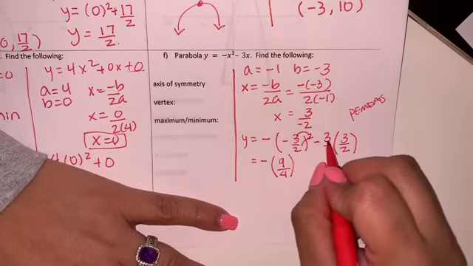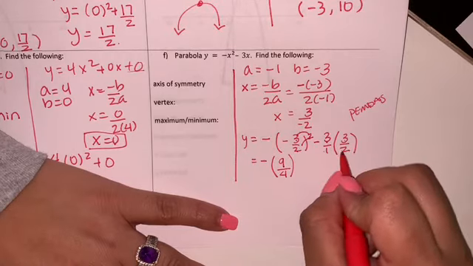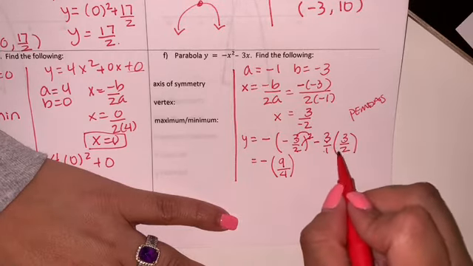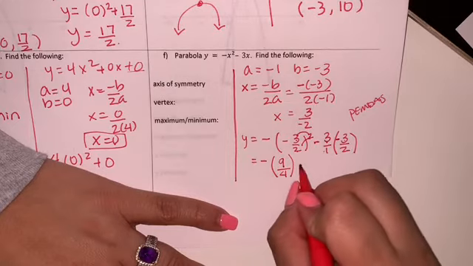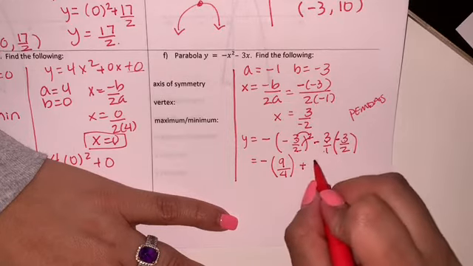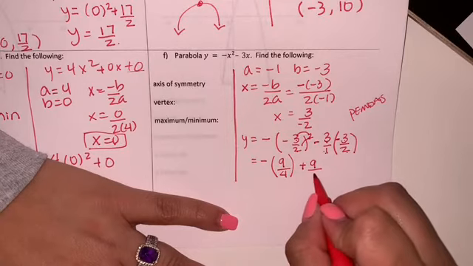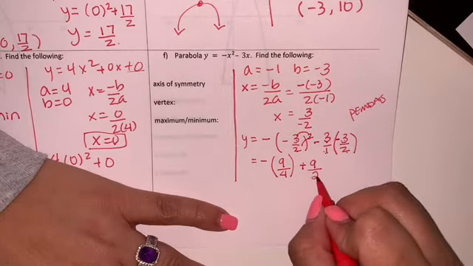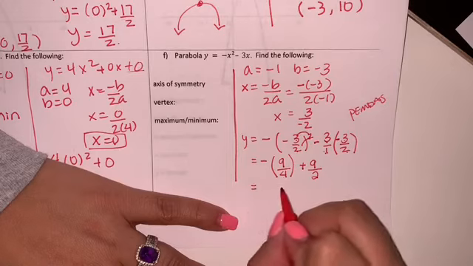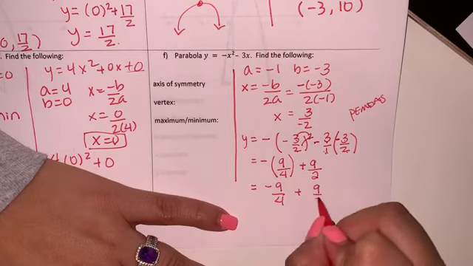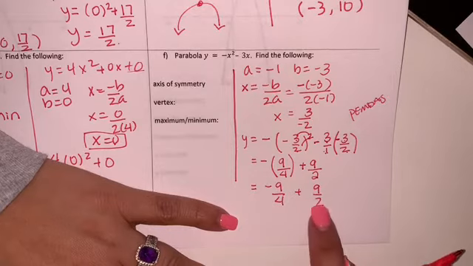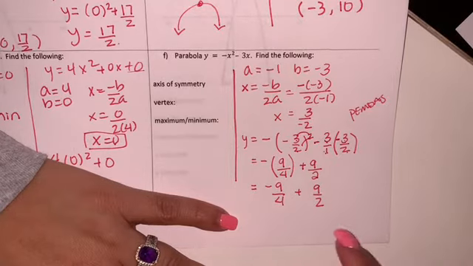And then when I multiply these fractions, I multiply going across. Oh, that was a negative, sorry. So a negative times a negative is going to give me a positive. 3 times 3 is going to be 9. 1 times 2 is going to be 2. So I simplify negative 9 over 4 plus 9 over 2. You need to have the same denominator to combine fractions.